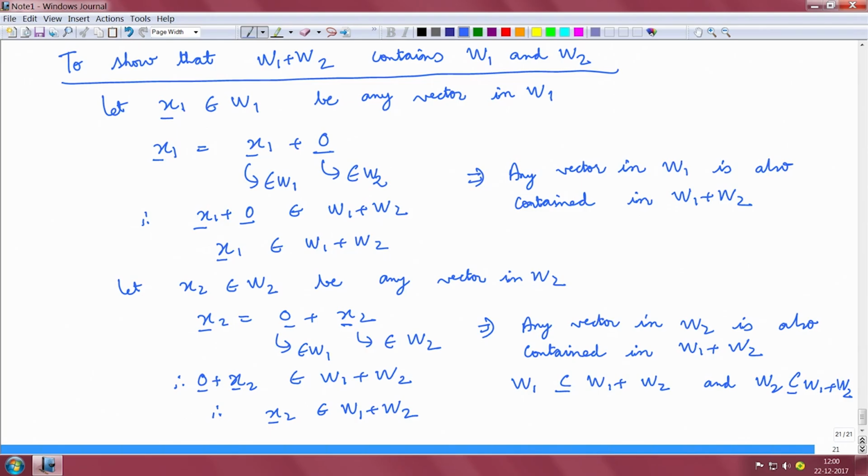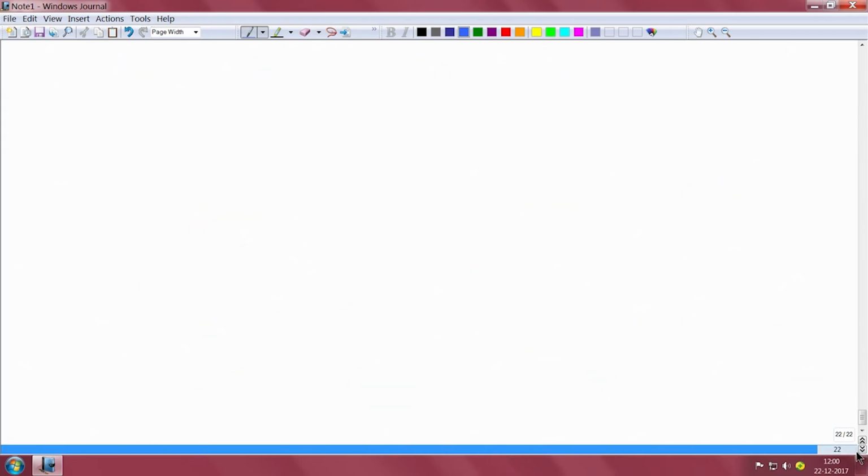So, we have proved that W1 plus W2 contains W1 and W2. Now, the next thing we have to prove: we have proved that W1 plus W2 is a subspace, and now we have to show that W1 plus W2 is contained in V.